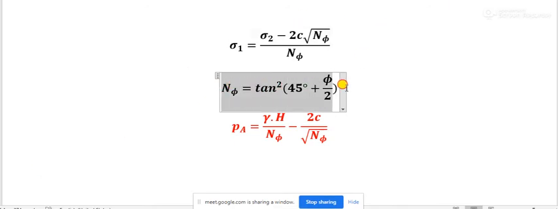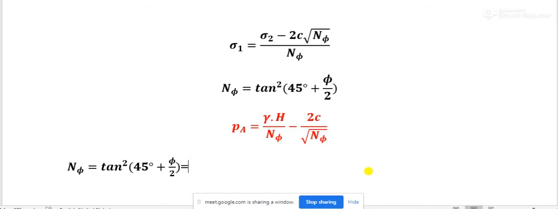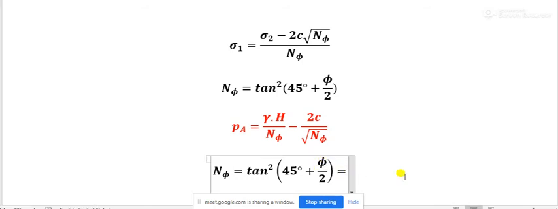If you want to simplify this, we have to recapitulate some equations of trigonometry.